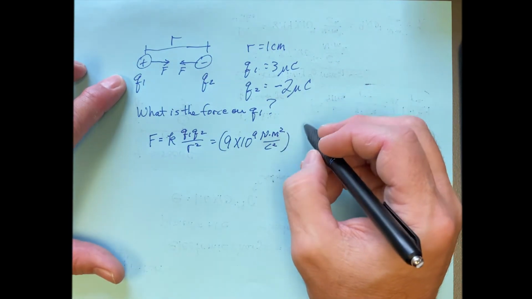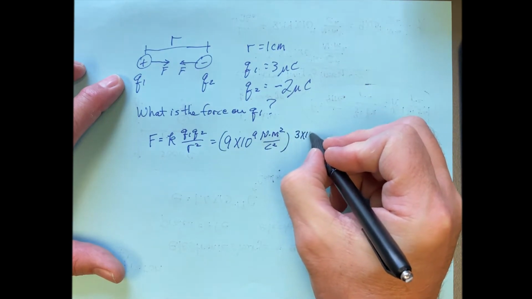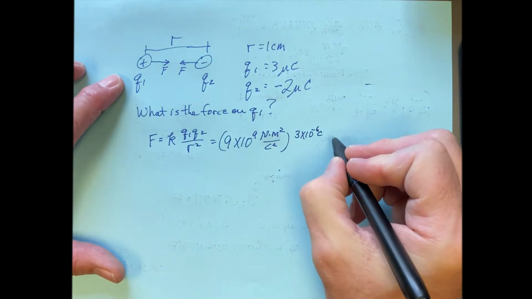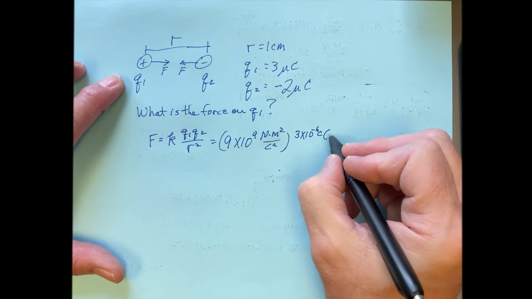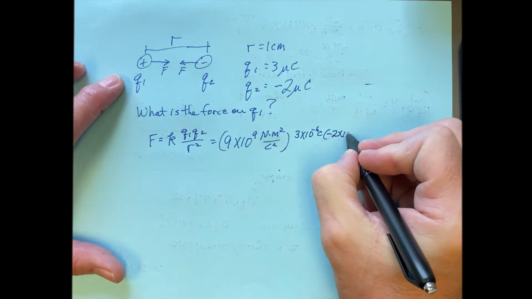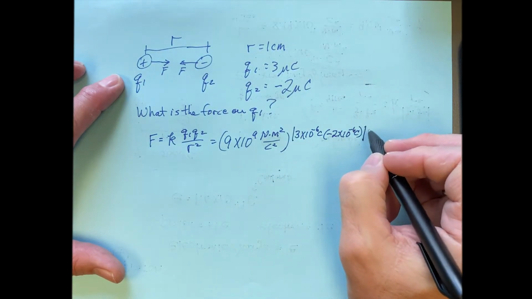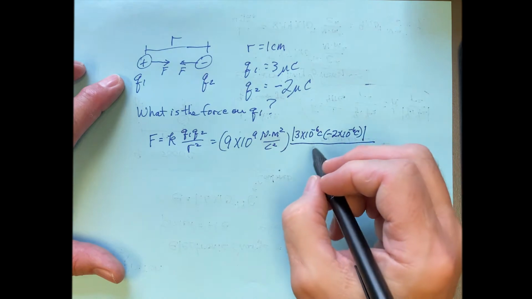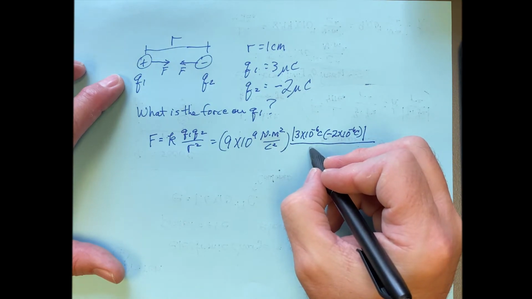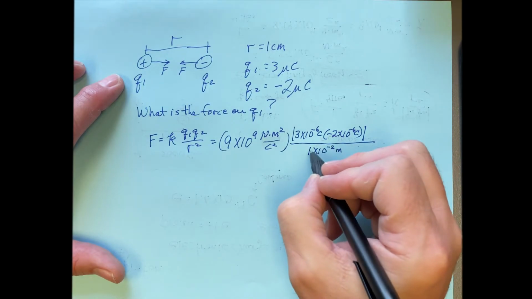Okay, so Q1 is 3, and it's micro, so that's 3 times 10 to the negative 6 coulombs, multiplied by Q2, which is negative 2 times 10 to the negative 6 coulombs. Now, take the absolute value of that, divide it by r squared, which is 1 times 10 to the negative 2 meters.